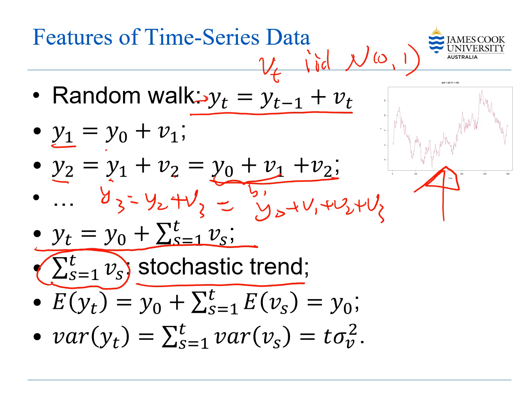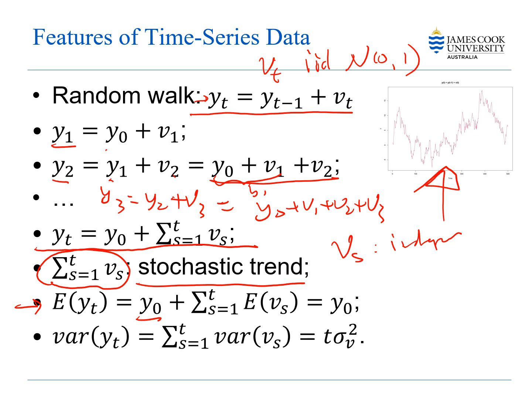Okay, let's check the expected value. Taking expectation, y0 is here, and bear in mind that the Vs are independent. They are standard normally distributed.